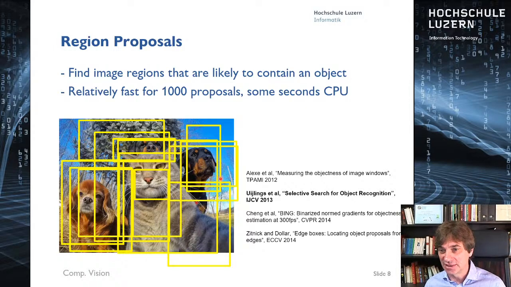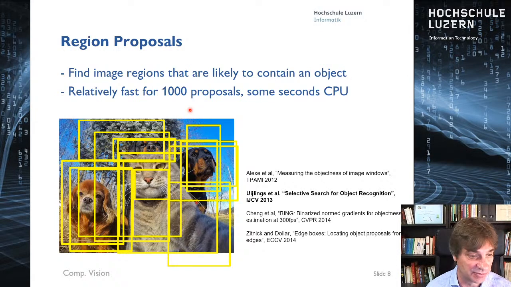The idea is that you don't have to absolutely find the object, but just find some reasonable proposals so that you do not miss an object. Many of the proposals could be false, and that wouldn't be a problem. If you, for example, have just 1,000 proposals, that's much better than the millions of sub-windows you would have with a sliding window approach.